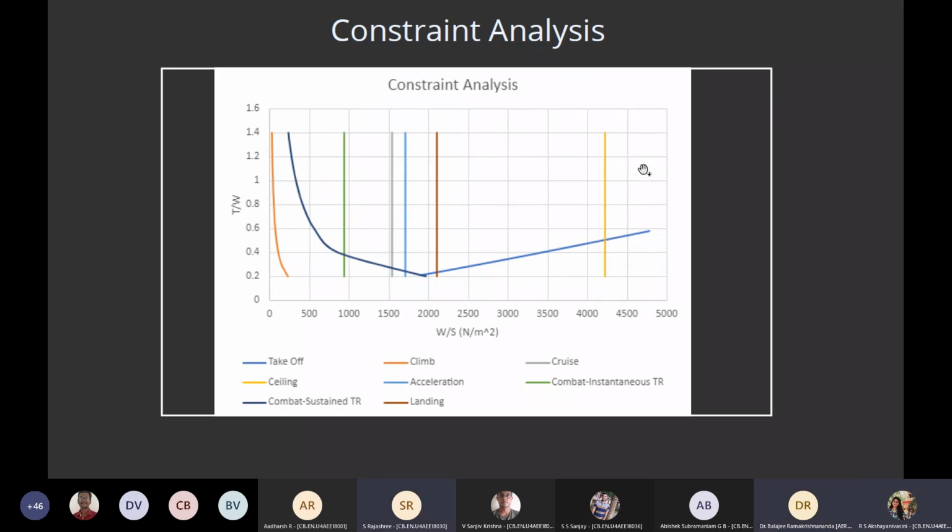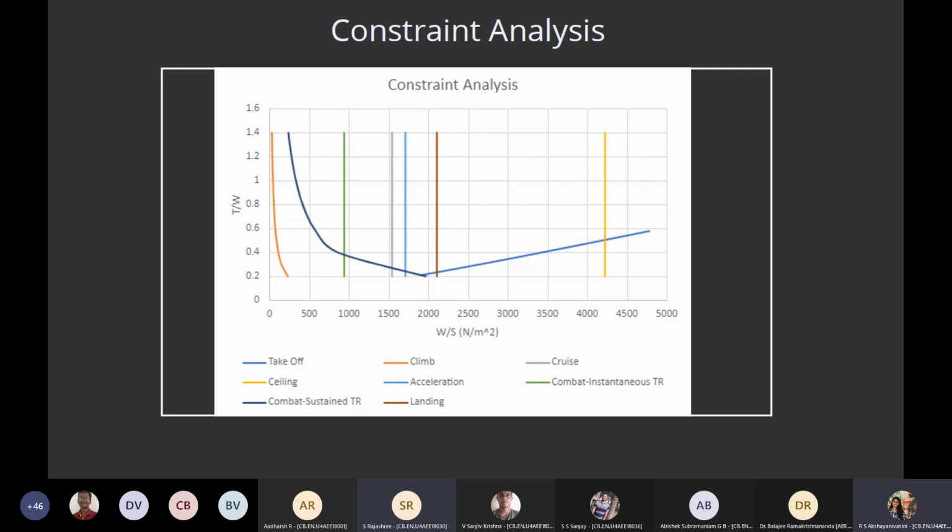Okay. Shouldn't it be to the left because your ceiling will give you the maximum? The region to the left of ceiling is what you should take, right? Because if you go to the right, then it means you cannot attain that ceiling altitude, right? If you move to the right, then the density will be higher because of the higher wing loading, which means you won't be able to attain that lesser density altitude, right?